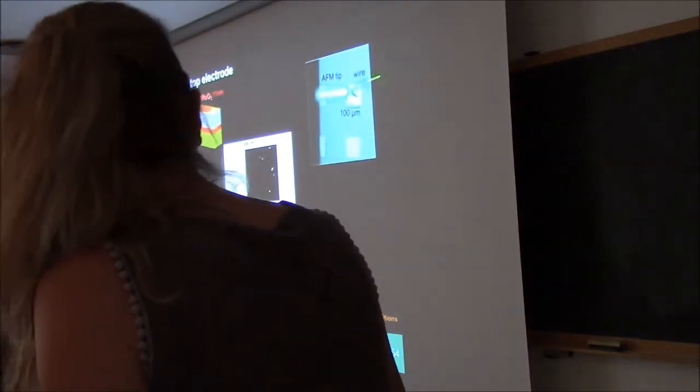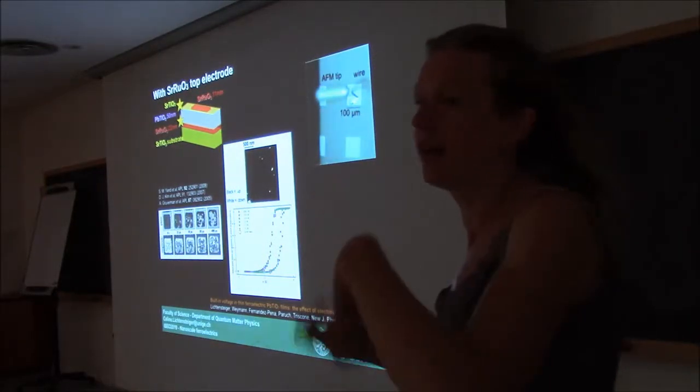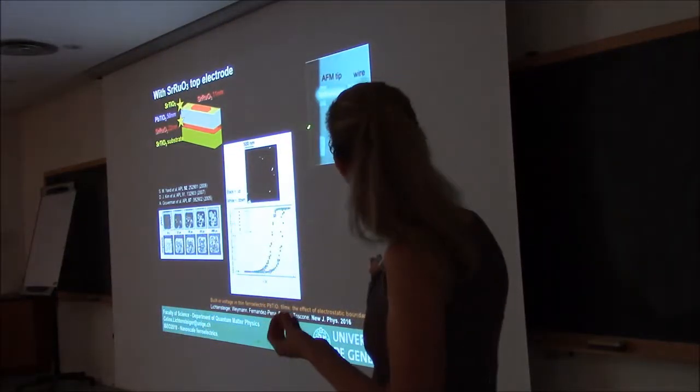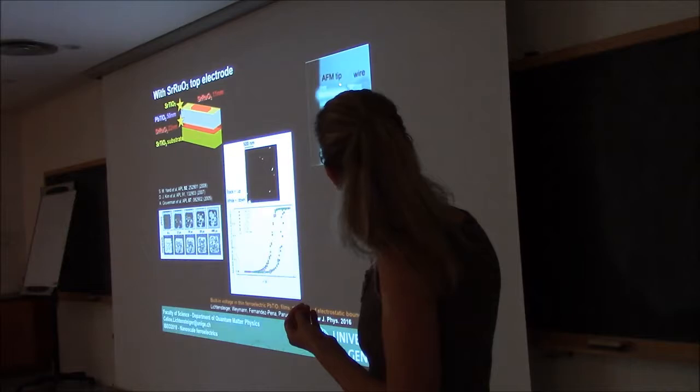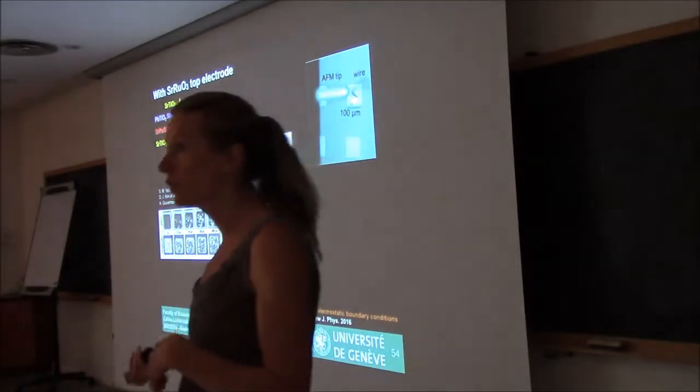so that you apply the voltage at the same time to the electrode through the wire, and also you still apply the voltage to the tip because otherwise you will have some electrostatic interactions between the tip and the top electrode. So we did that, and we used the PFM signal to scan a very small region and see if we had up or down domains.